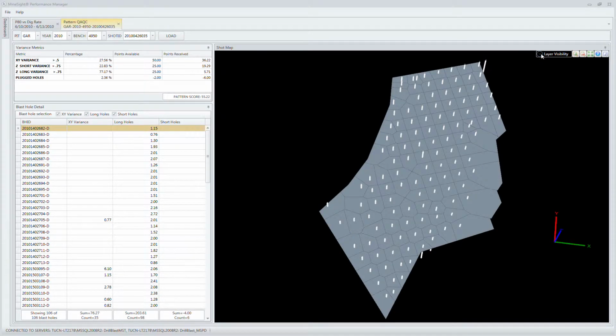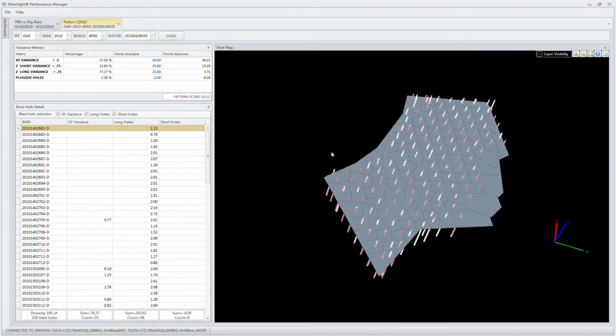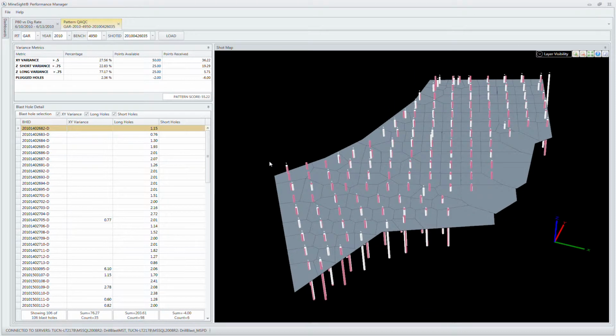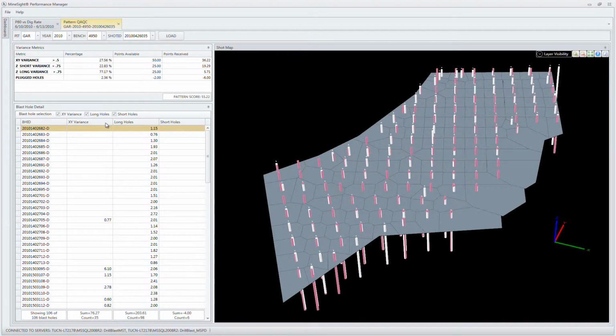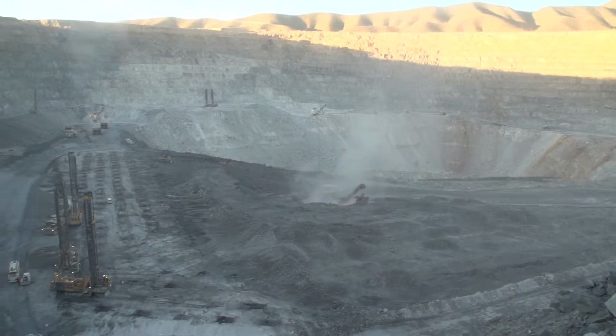Since we're now getting data in what could almost be considered real time in the mining world, we can easily change things as conditions change in the field. A good example that we ran into at one of the sites was the fact that they had hole quality issues where when the explosives crew got there, the hole was plugged and they couldn't load explosives.